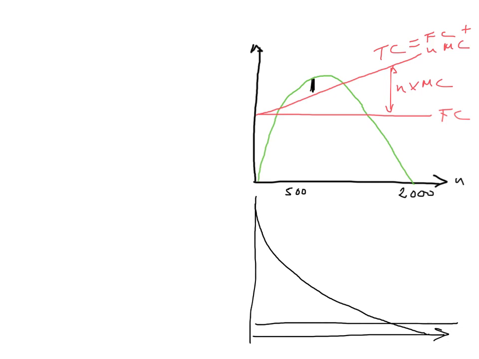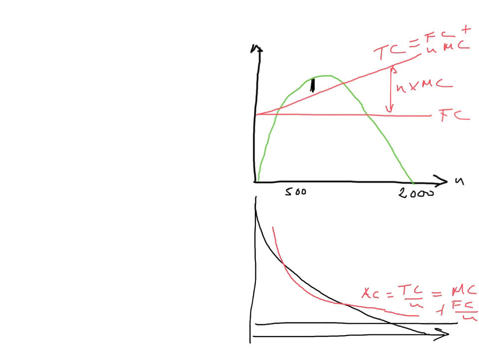And then we have the average cost, which is this line here. And the average cost equals total cost divided by the number of users, which equals marginal cost plus the fixed cost divided by number of users.